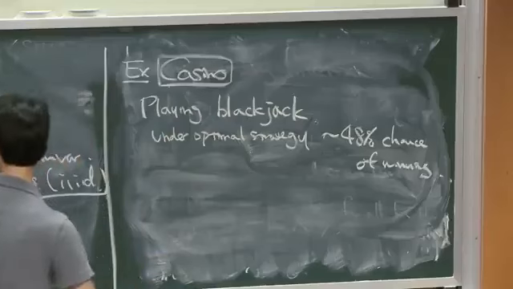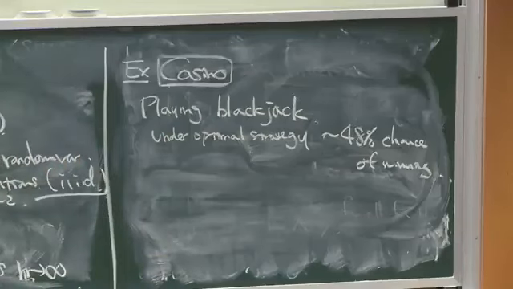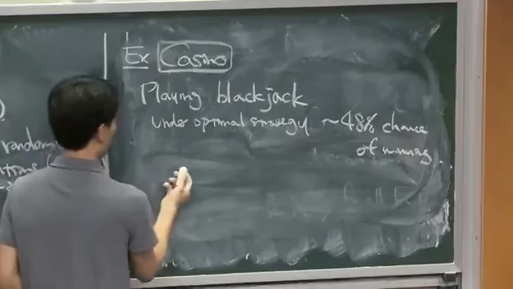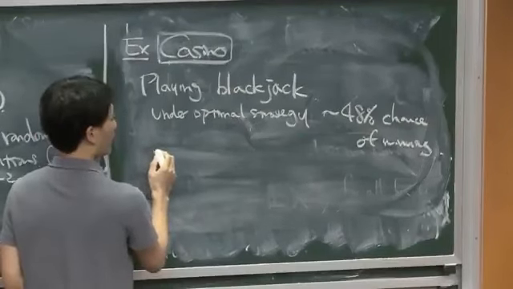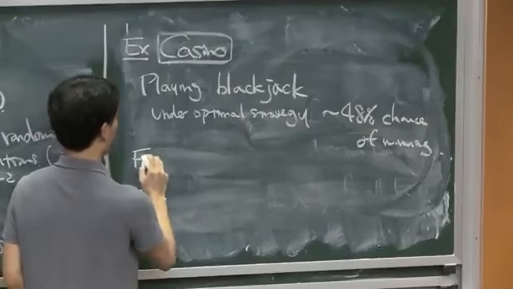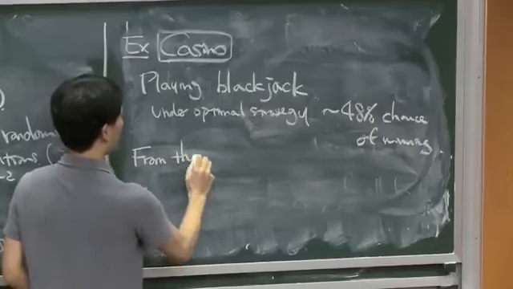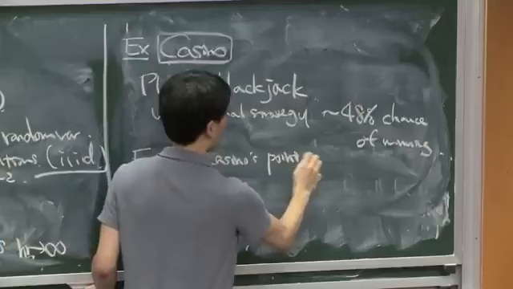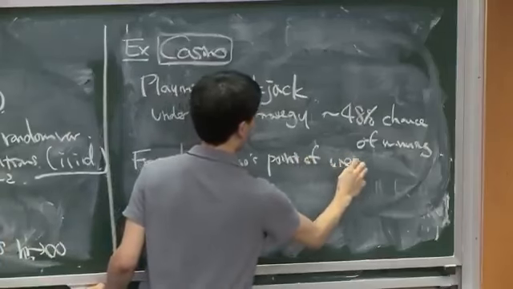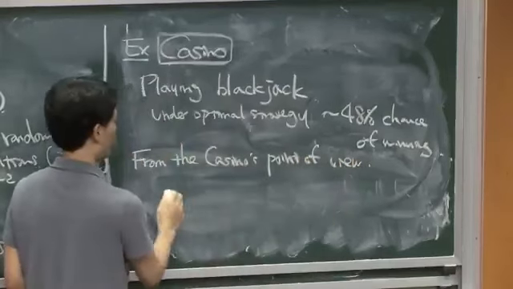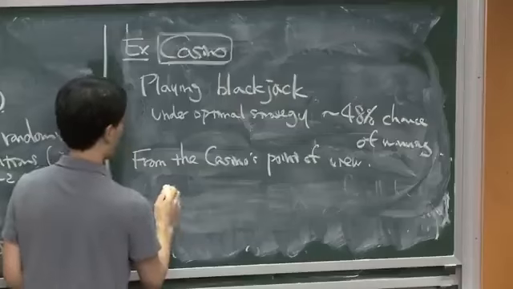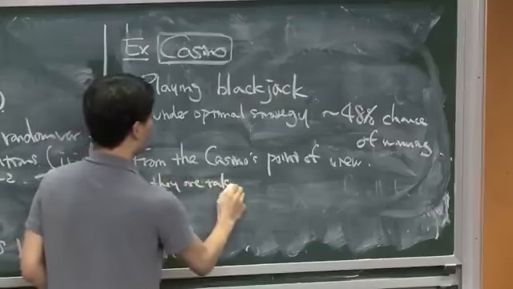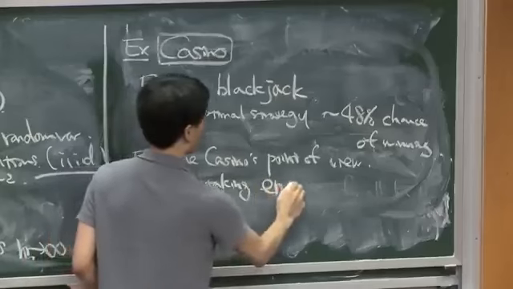But from the casino's point of view, they're taking a very large N. So for each round, from the casino's point of view, they are taking an enormous value of N.